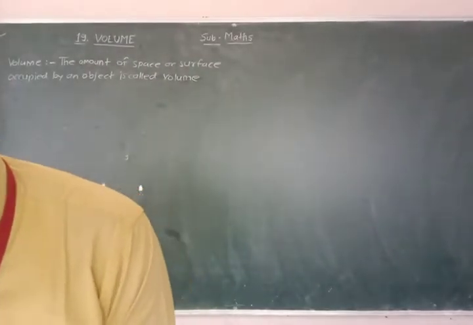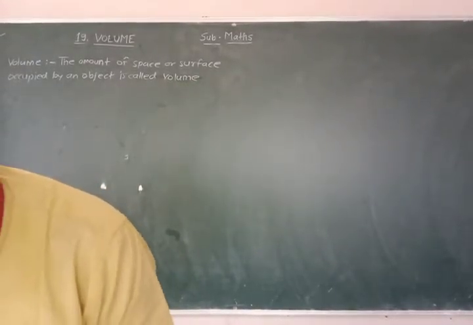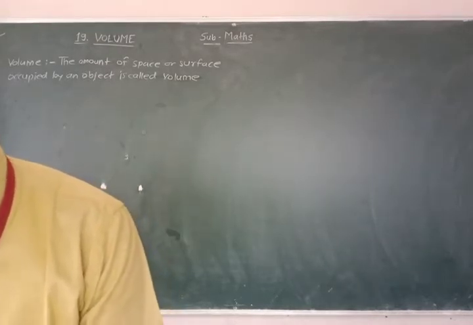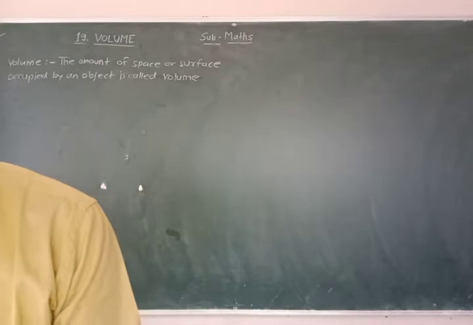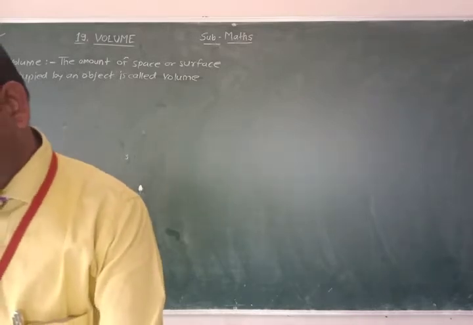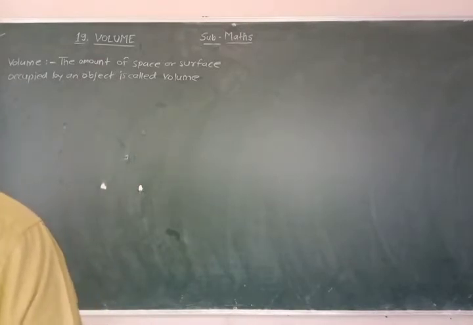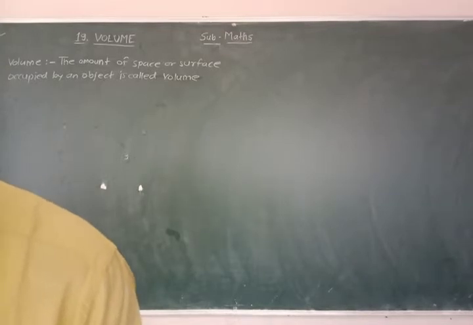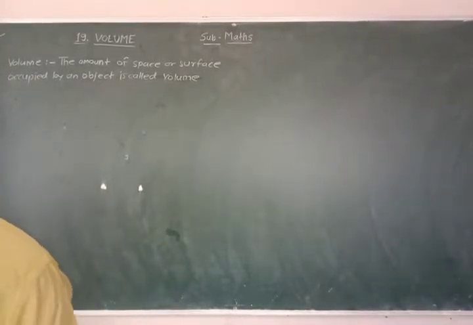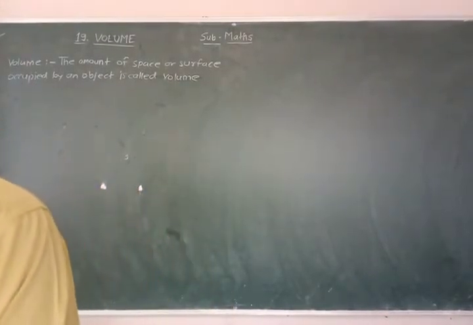So here, to find the volume of a cuboid or the volume of a cube: the volume of a cuboid is equal to length multiplied by breadth multiplied by height, or the volume of a cube is equal to length multiplied by length multiplied by length.